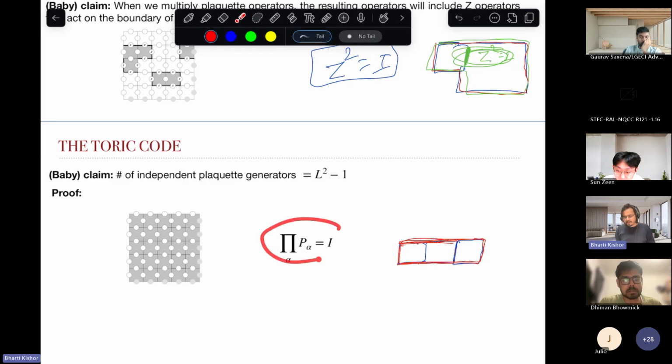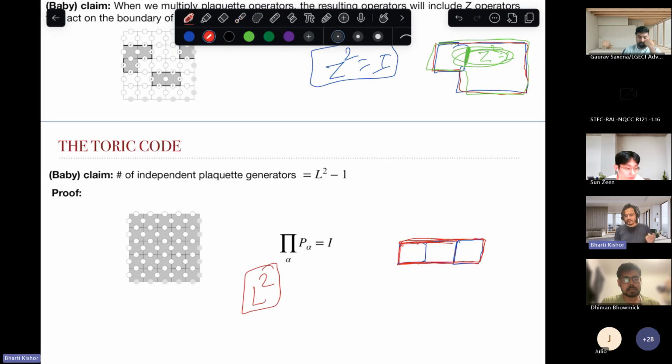And because of this constraint, not all plaquette generators that I have are independent. So I had total L square plaquette generators, and there is one constraint. So the number of independent plaquette generators will be L square minus 1.